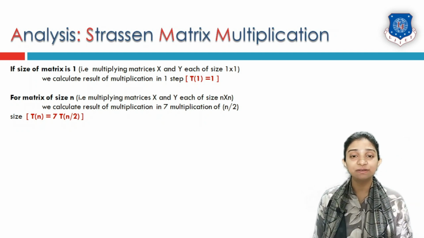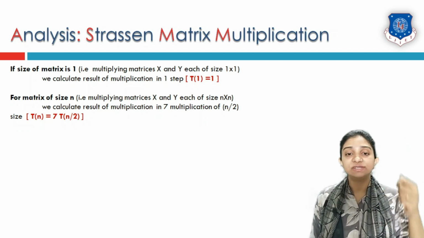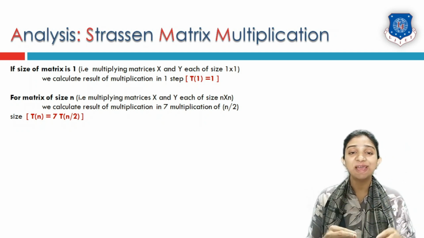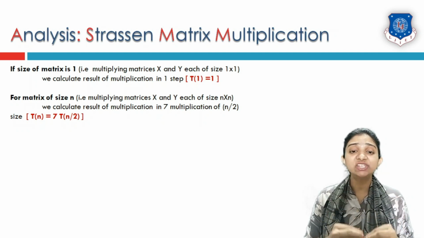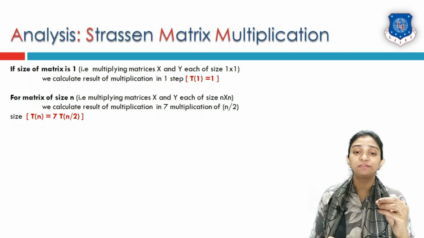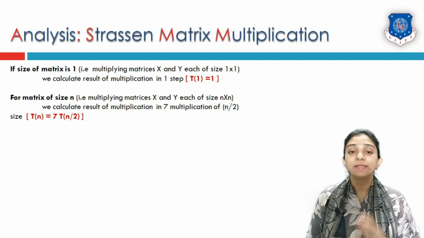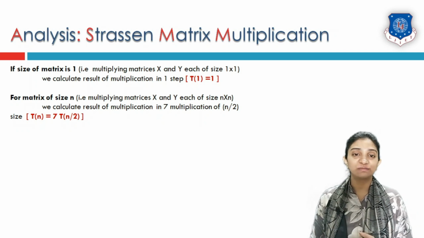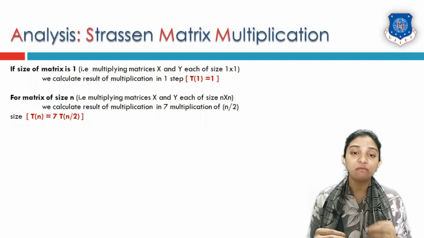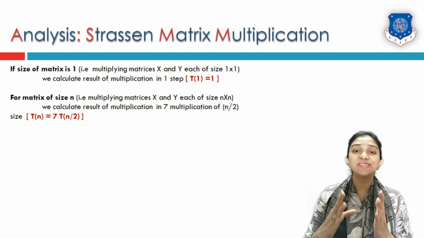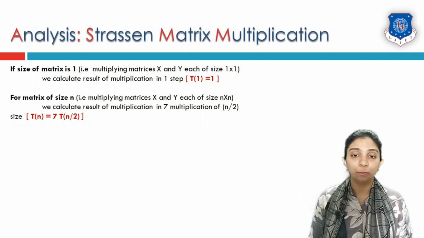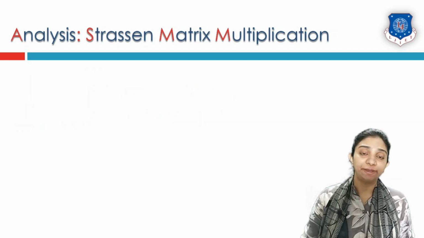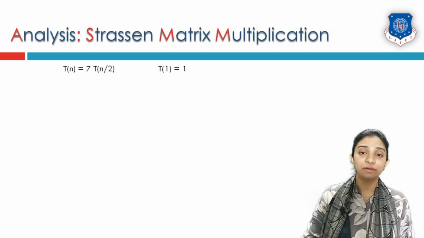So there are 7 terms from P to V, and in total we have done only 7 multiplications. The size of the matrix in each multiplication is n by 2. That's why we say the recurrence relation for Strassen's matrix multiplication is T of n is equal to 7T of n by 2. Now we will solve this equation to find out the complexity of the algorithm.